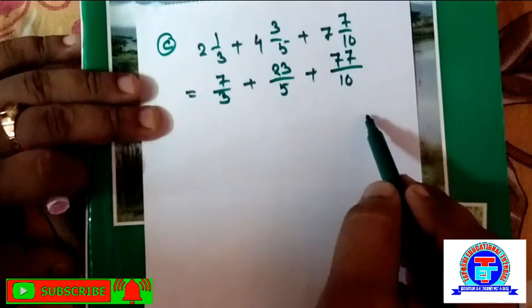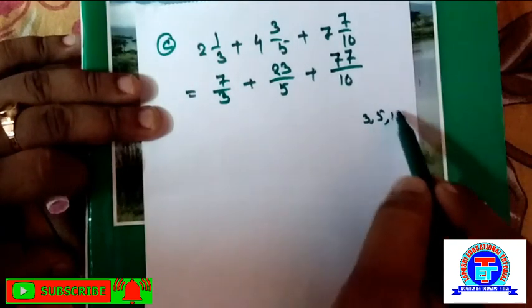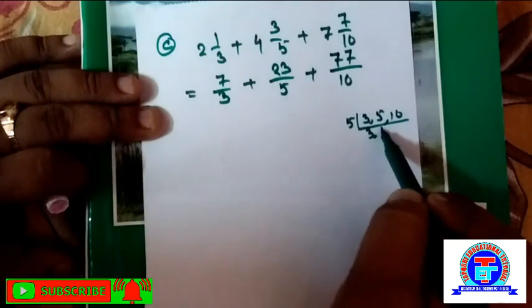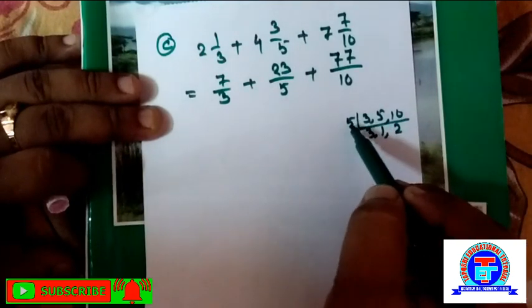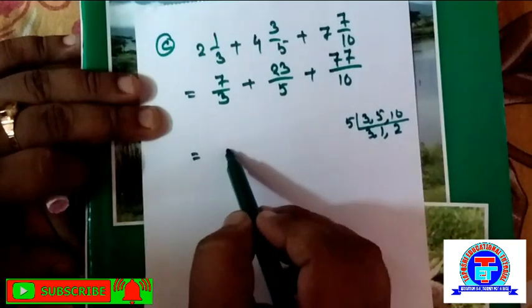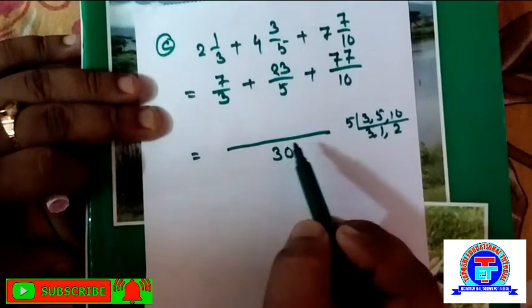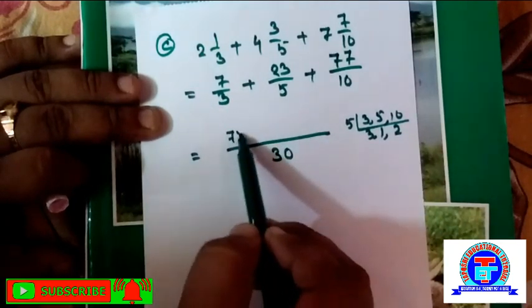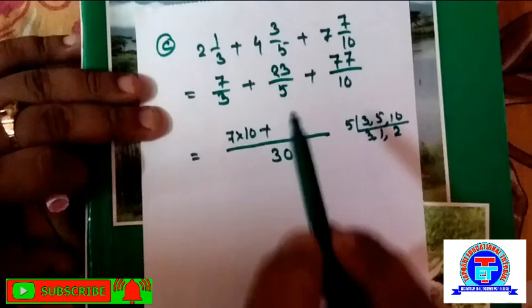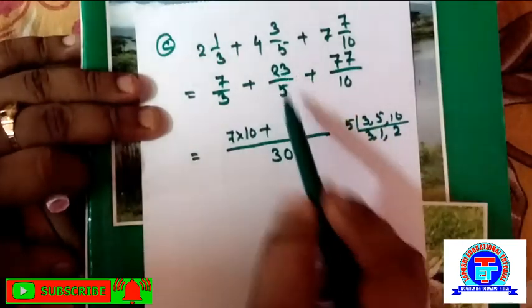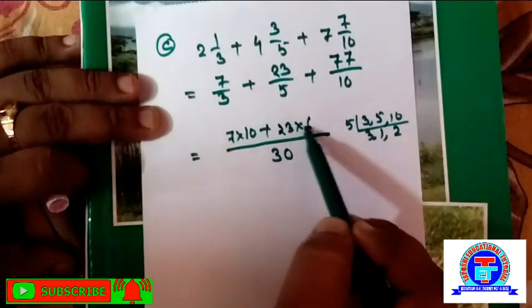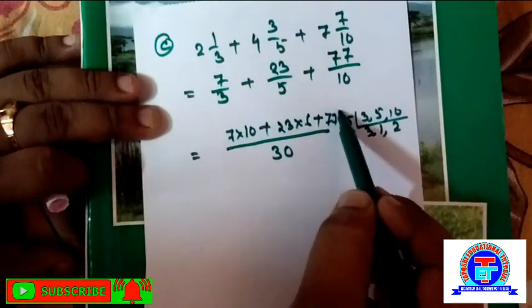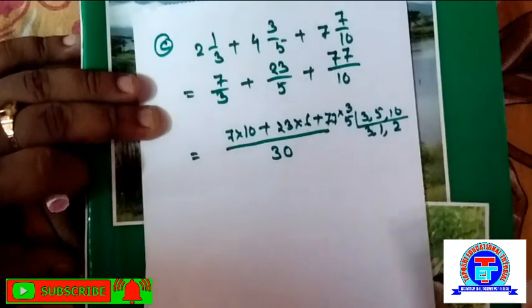It will become 5, 5, 3, 1, 2, 6 and 30. So LCM is 30. Now 3 tens are 30, so 7 into 10, plus 5 sixes are 30, 23 into 6, plus 77 into 3, right?